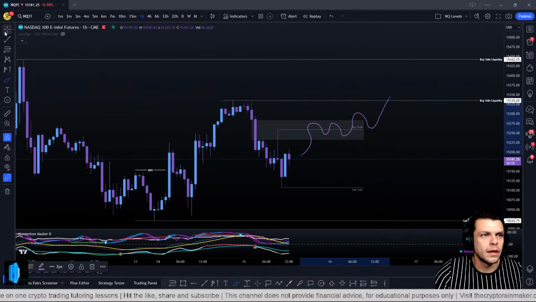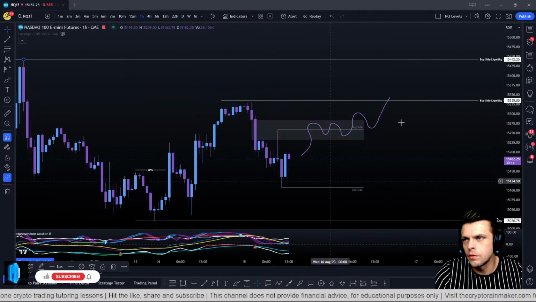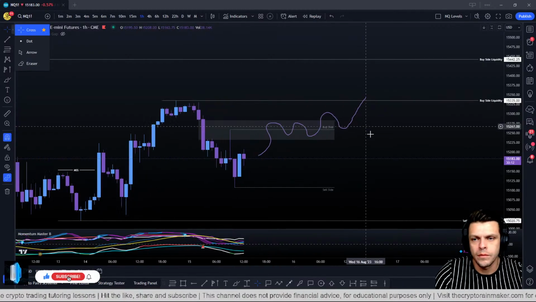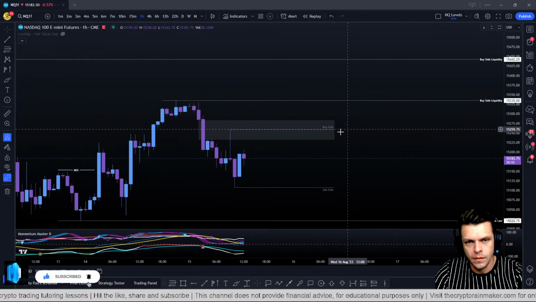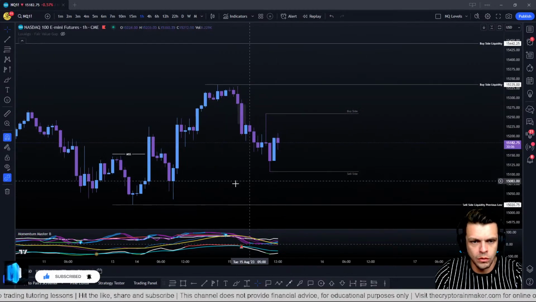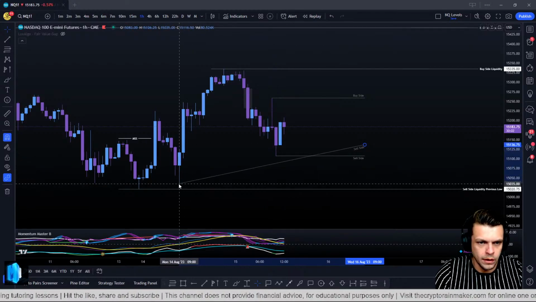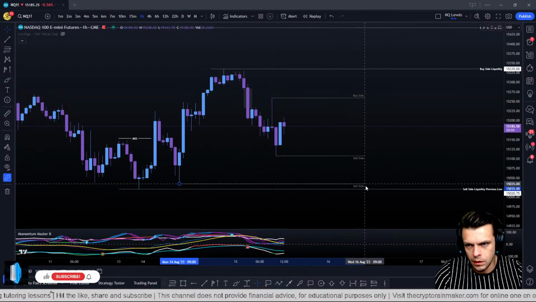And that high right there is 15,442. Okay, so we have some liquidity levels marked off on the 1 hour chart. I'm just going to add one right here so it does not go unnoticed.